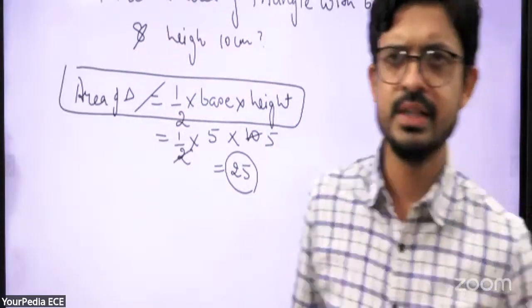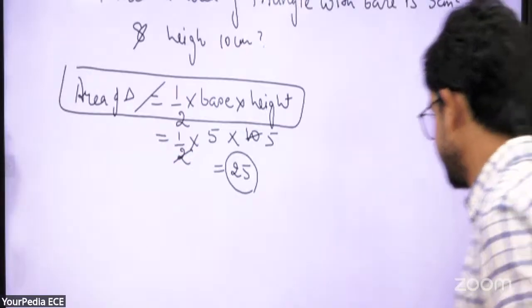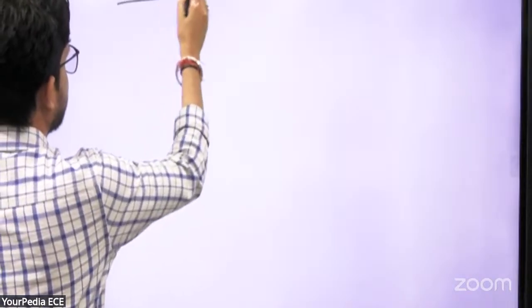Next, I received another question, that is related to reasoning, and I would like to share it. The question is related to blood relation. So first we discuss what is the question. The topic is blood relation. Very important topic.